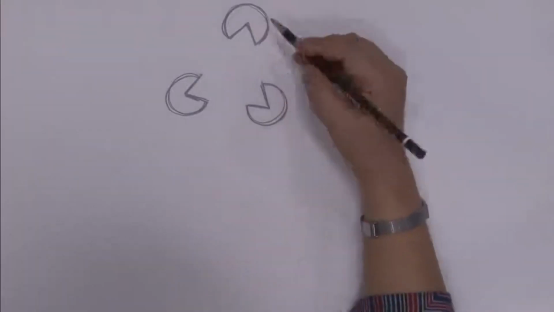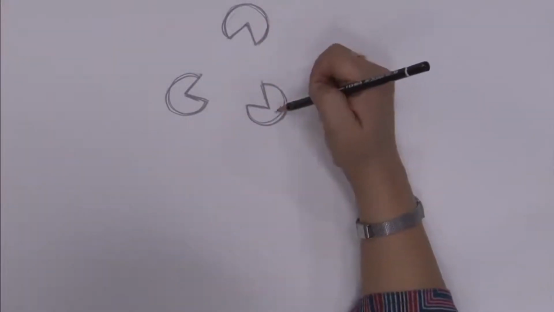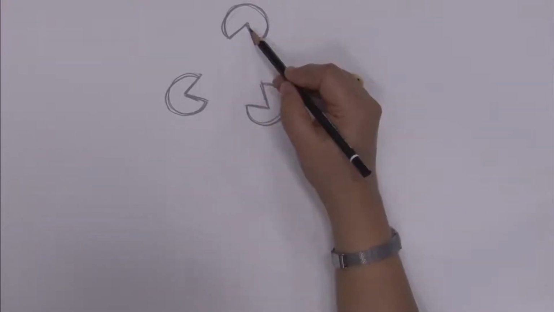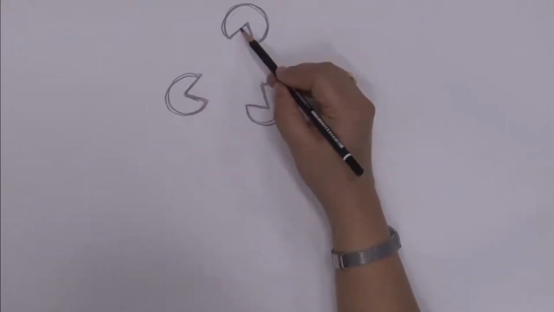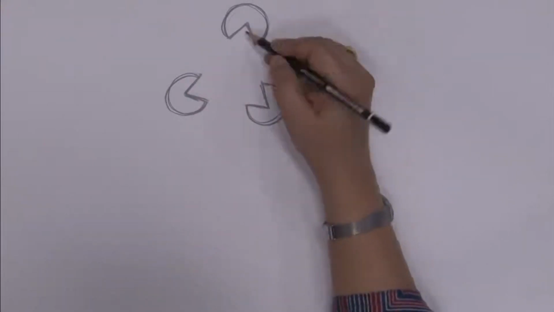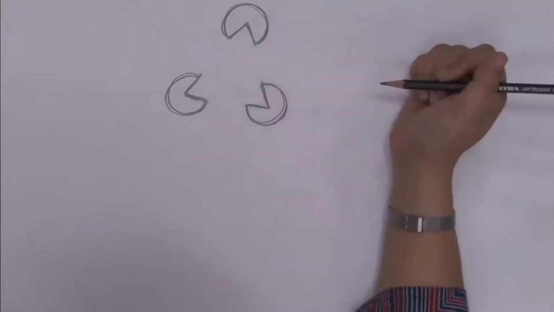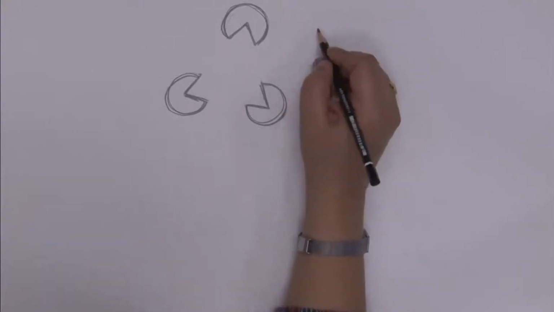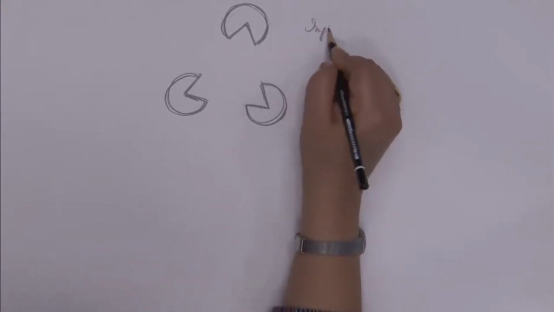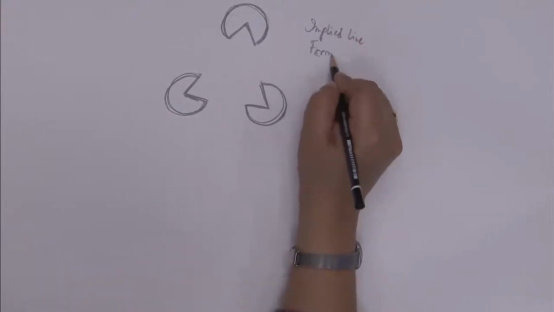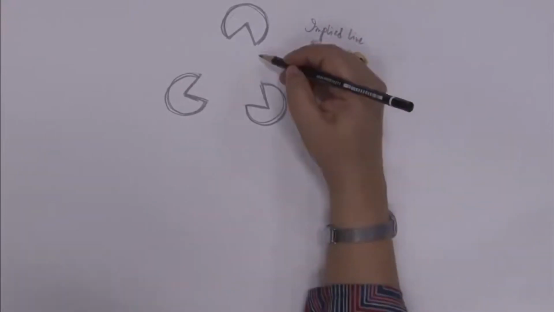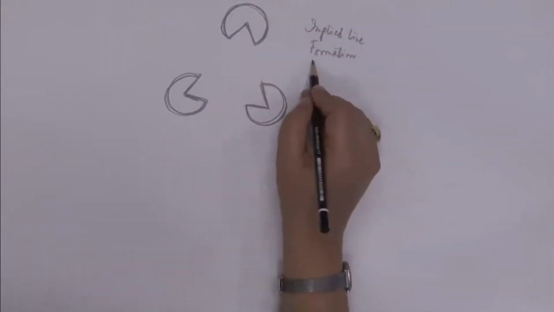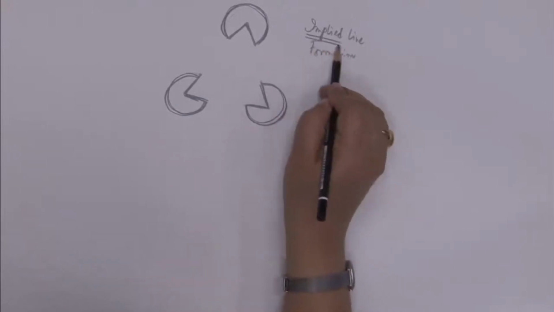So, we draw these three shapes in three different directions on the paper, but we also get another shape in between with the connection, that is a triangular shape, which is not drawn at all. So, this is perhaps one example of an implied line. Here the line that is formed to delineate the shape of a triangle is of course implied.